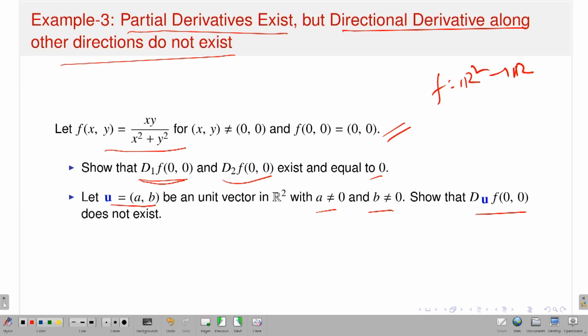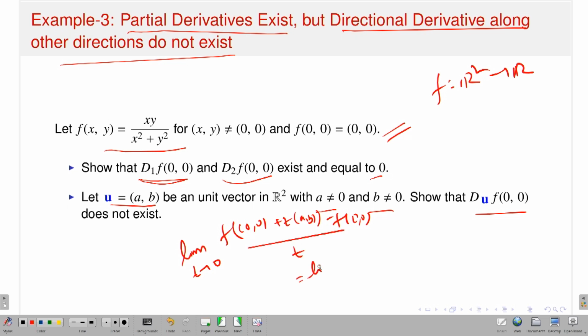If you perform it, you will say that the limit does not exist, because by looking at the function and calculating with the formula, this is the kind of limit you have to calculate: limit as t approaches 0 of f at the point (0, 0) plus t times (a, b), minus f of (0, 0), divided by t.